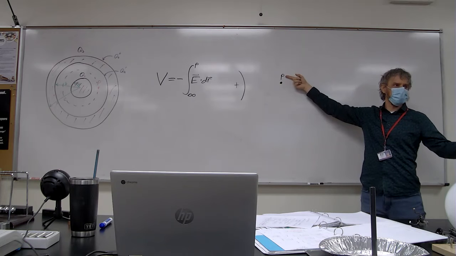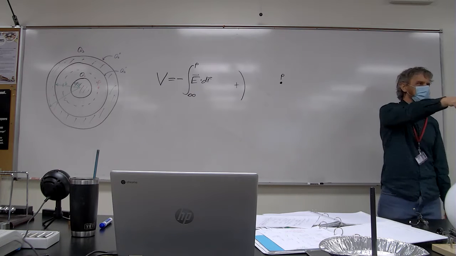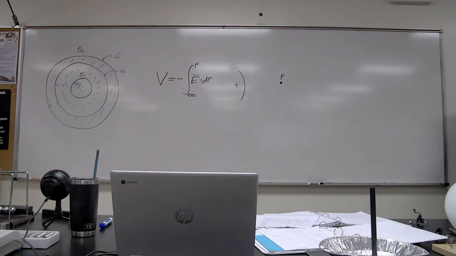But because the electric force is conservative, instead of using the actual path, which is some weird zigzaggy path, I can use the fact that it's a conservative force and just assume I came in a straight line.